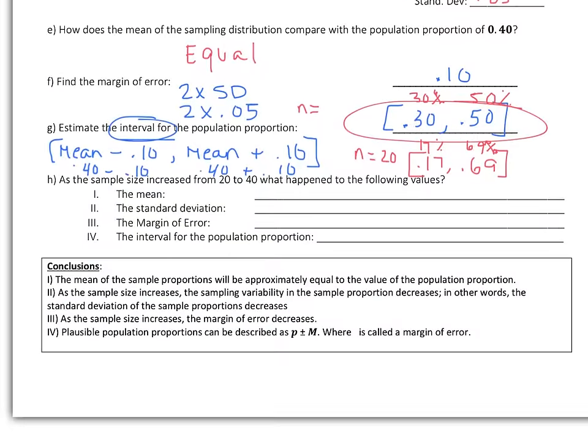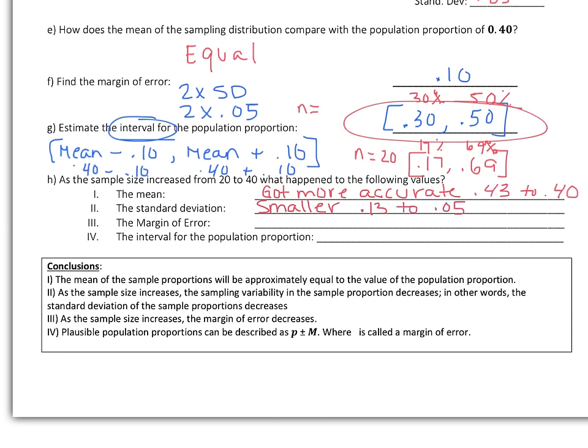So let's analyze all this now. As the sample size increased from 20 to 40, what happened to the following values? What happened to the mean? The mean got more accurate. It went from 0.43 to 0.40. What happened to the standard deviation? It actually looks like the standard deviation got smaller. It went from a standard deviation of 0.13 to 0.05.